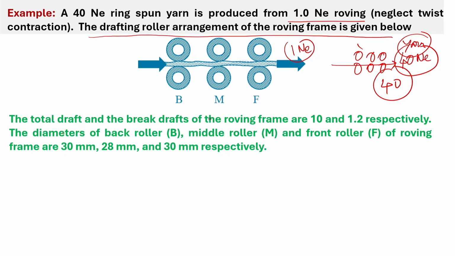Okay. The total draft and break draft at the roving frame are 10 and 1.2 respectively. Total draft is 10 and the break draft at the back zone is 1.2. The diameters of the back roller, middle roller and front roller in the roving frame: back roller is 30 mm, middle roller is 28 mm and front roller is 30 mm again.